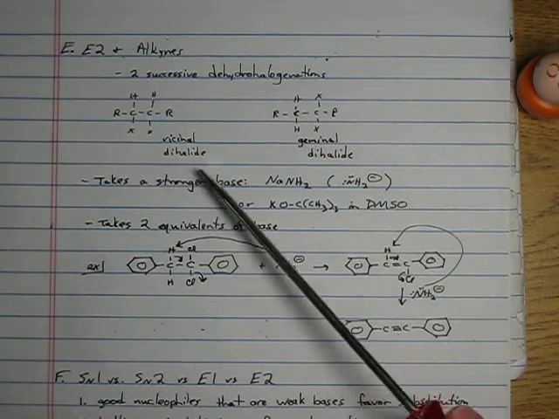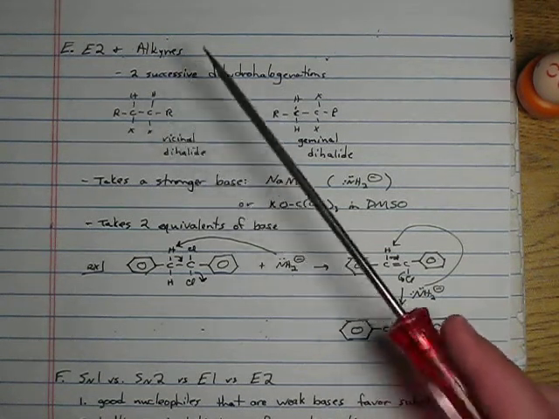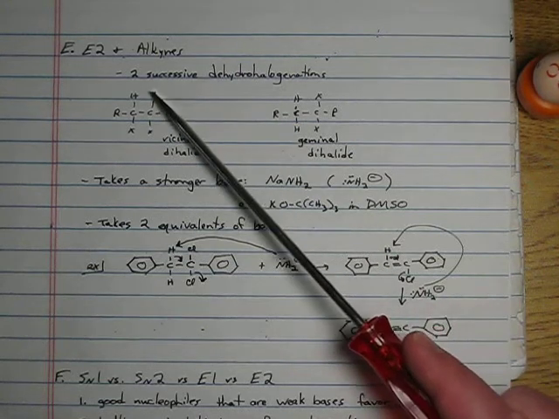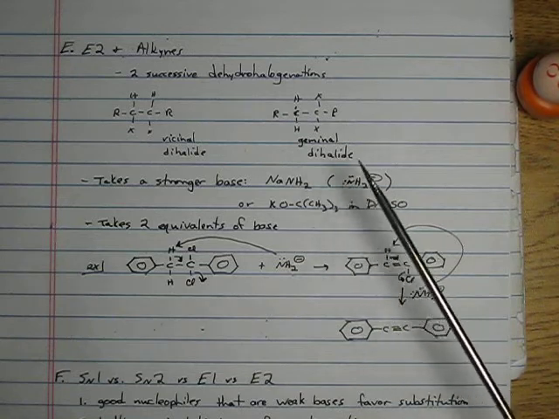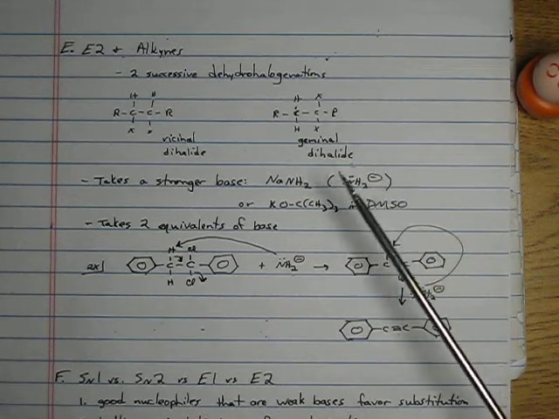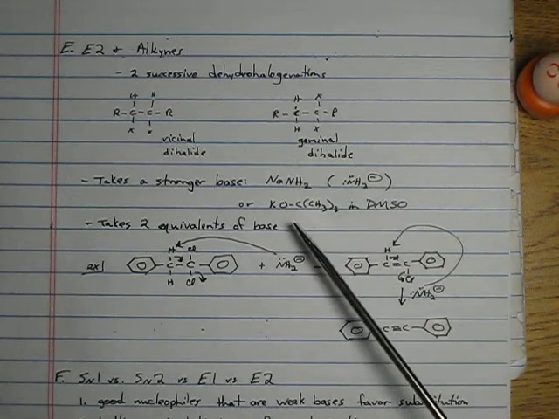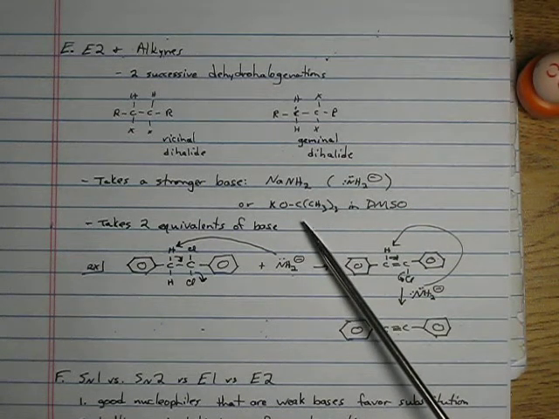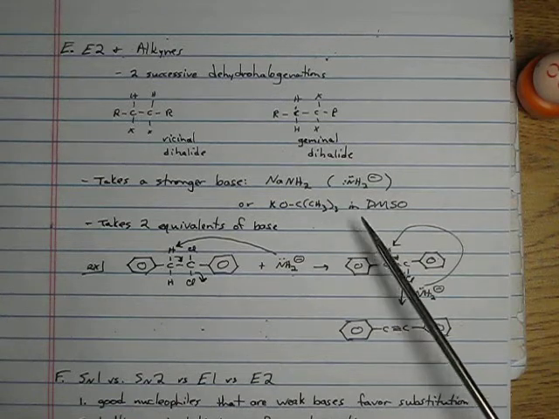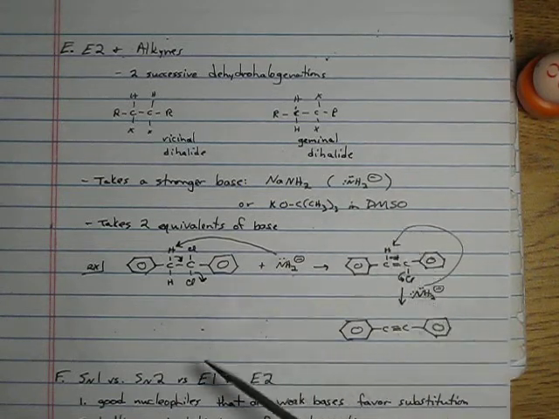Then the second equivalent, the second amount of amide will take this hydrogen, and we'll get our triple bond. So two equivalents of sodium amide, or a little less harsh conditions, you can use our good friend potassium tert-butoxide. Nice strong base, very sterically hindered, in DMSO, dimethyl sulfoxide, as our solvent. And yeah, that's how it works.